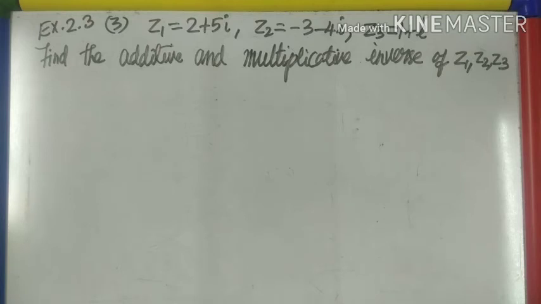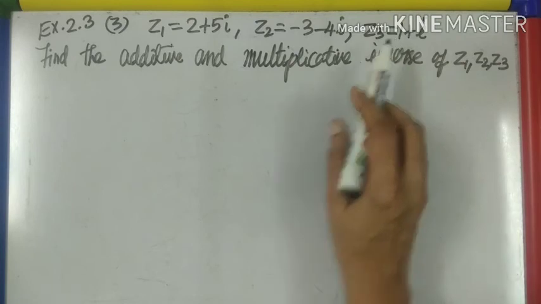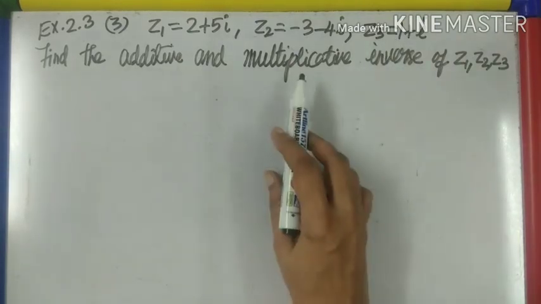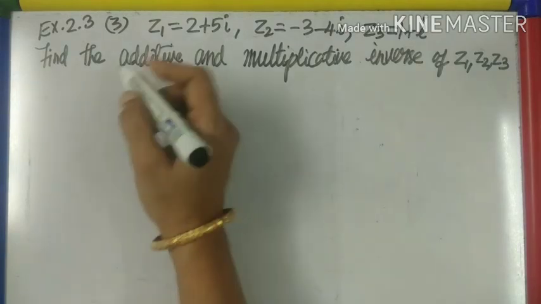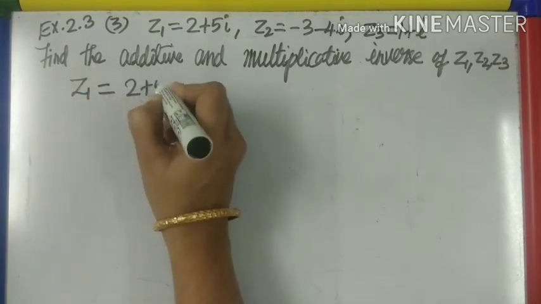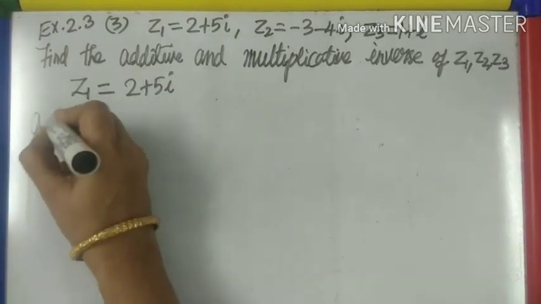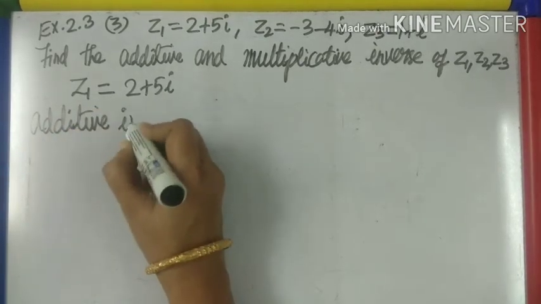Question number 3. We are given 3 complex numbers and we need to find the additive and multiplicative inverse of Z1, Z2 and Z3. Now what is the additive inverse? Z1 is 2 plus 5i, which means the additive inverse will be minus Z1.